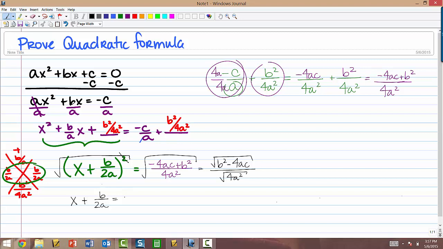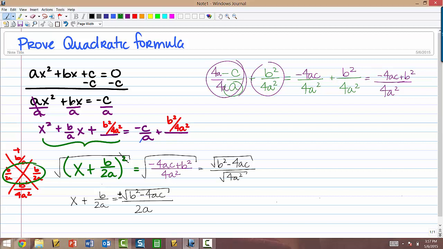I can't do anything with what's on top, so I'm just going to leave it as b squared minus 4ac. But on the bottom, I can simplify this. The square root of 4 is 2, and the square root of a squared is a. And then we have to remember, anytime we take the square root of something, we have two answers. So we have to have the plus or the minus there.